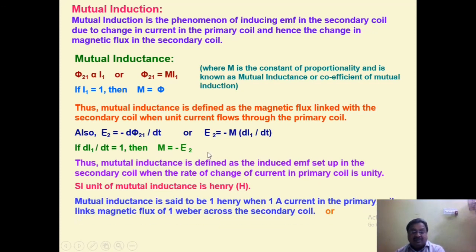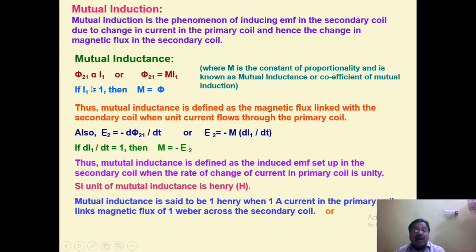In like manner to self-inductance, the SI unit of mutual inductance, after the name of the scientist Henry, is Henry, with its symbol H. How to define it? Mutual inductance is said to be 1 Henry when 1 ampere current in the primary links a magnetic flux of 1 Weber across the secondary coil.